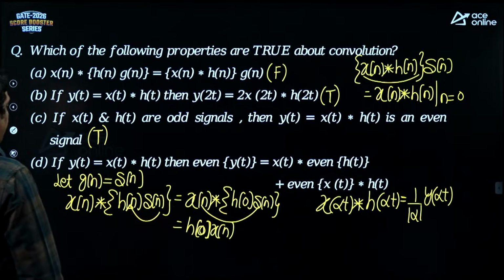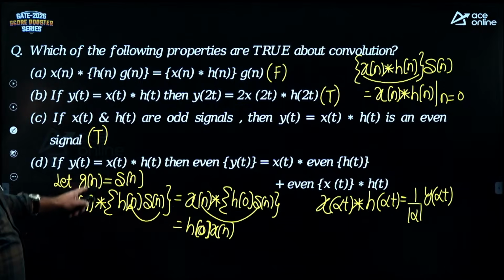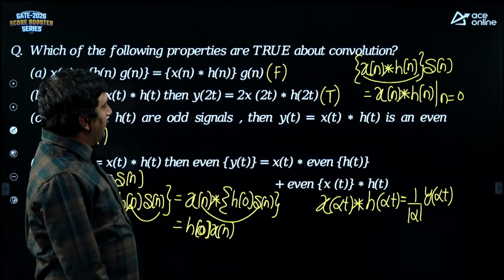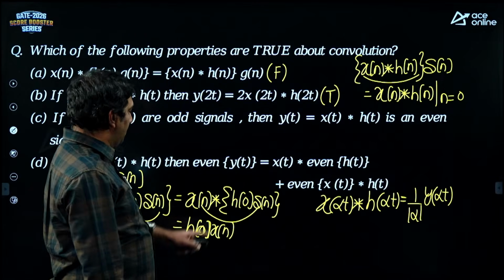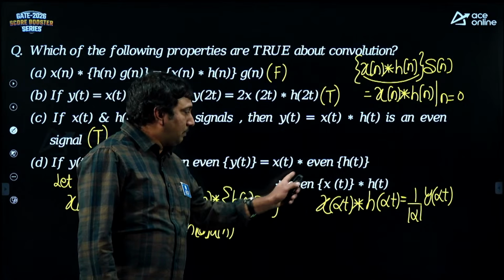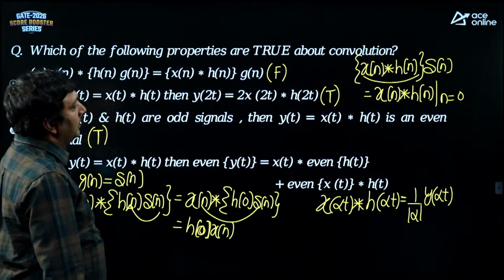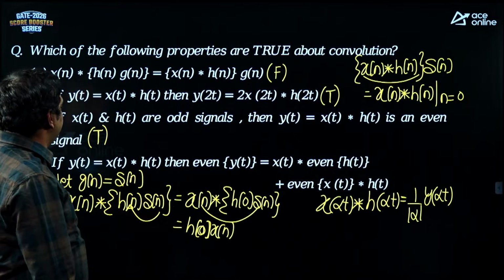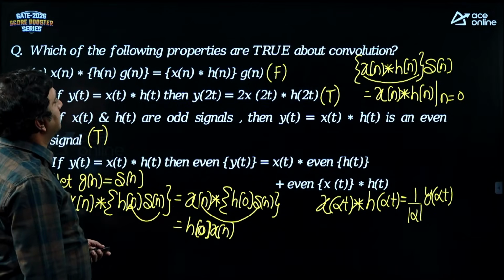The last one you have to observe carefully. If y(t) is x(t) convolved with h(t), then that fellow is saying the even part of y(t) equals x(t) convolved with the even part of h(t) plus the even part of x(t) convolved with h(t). Let us verify.